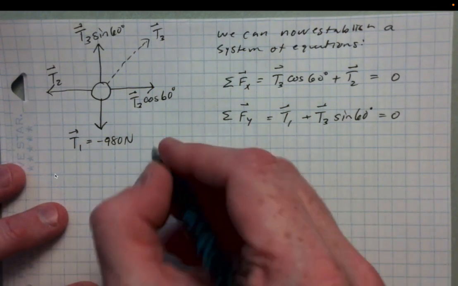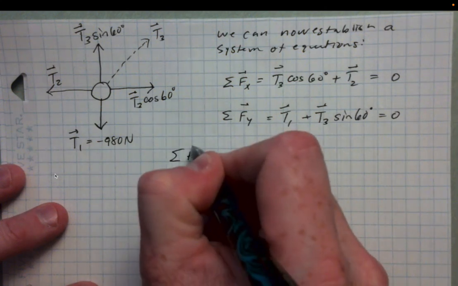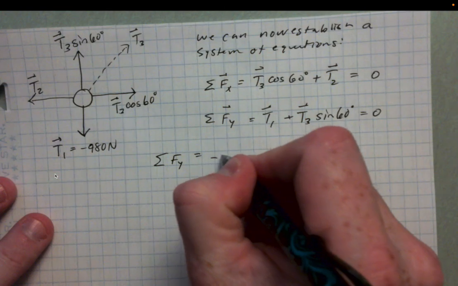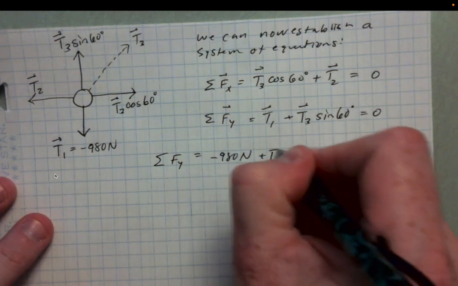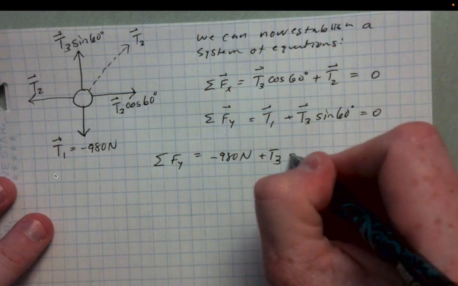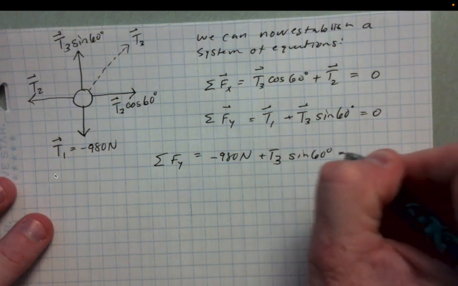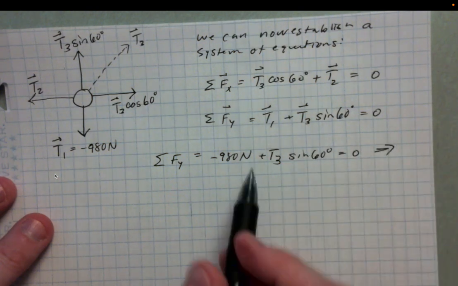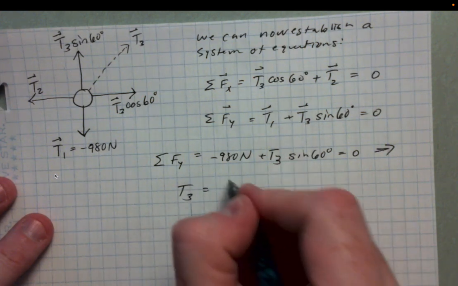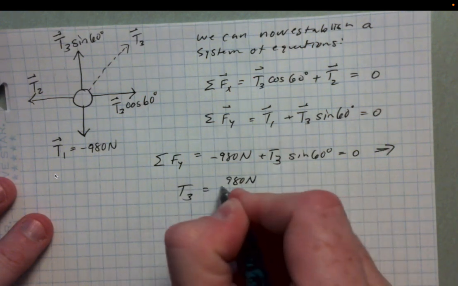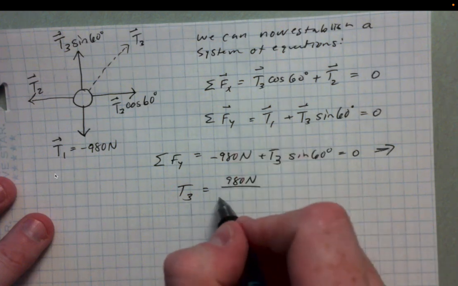And so the sum of the forces acting in the y direction will be equal to negative 980 newtons plus T3 times sine of 60 degrees, and that's going to equal 0. And so T3 is going to be equal to 980 newtons divided by sine of 60 degrees.